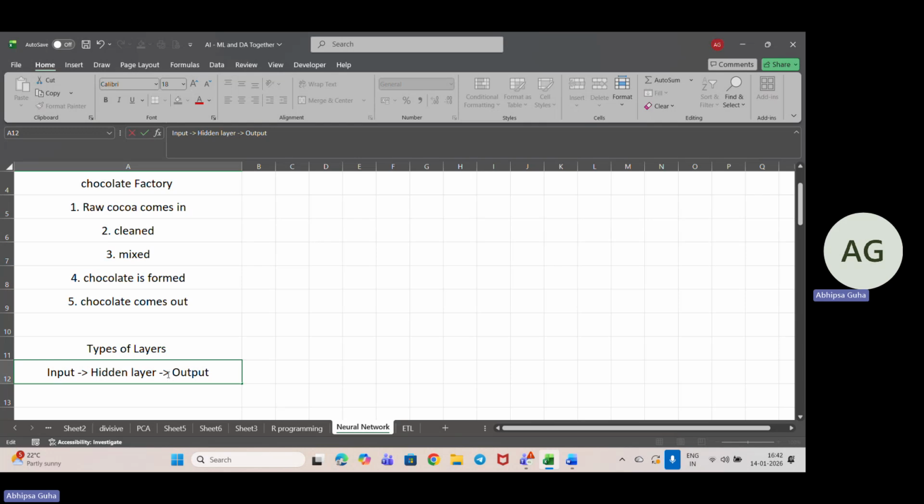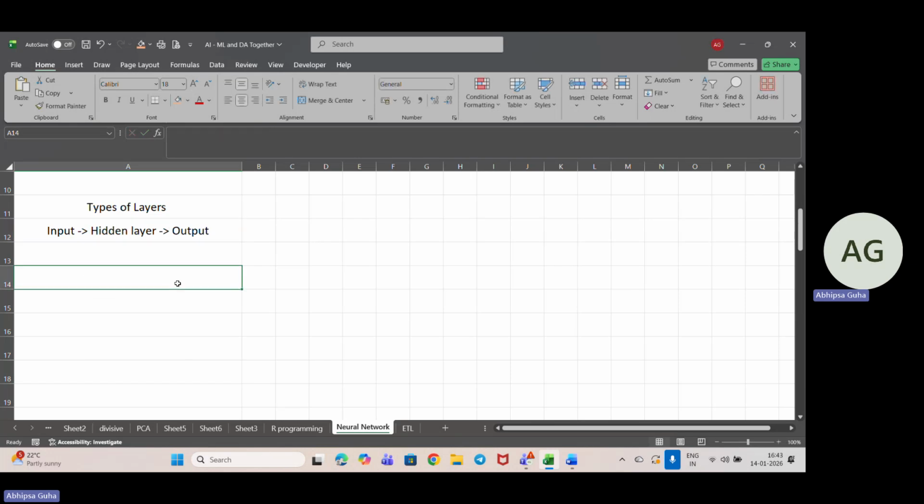For example, suppose we teach a neural network to decide whether I should wear a jacket or not, based on the weather. What would my inputs be? My inputs would be the temperature.